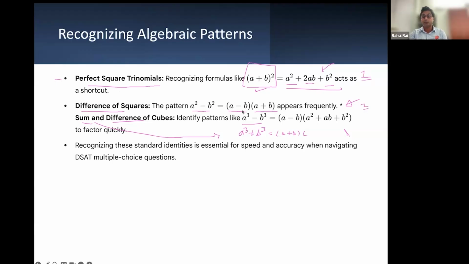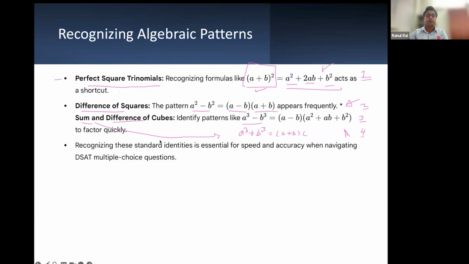Second, a square minus b square, which is a minus b times a plus b. The third is cube factoring, the difference, and the fourth is the cube plus factoring. So a cube minus b cube is equal to a minus b times a square plus ab plus b square. And a cube plus b cube could be written as a plus b with a factor that I will show you later in one of the example problems.